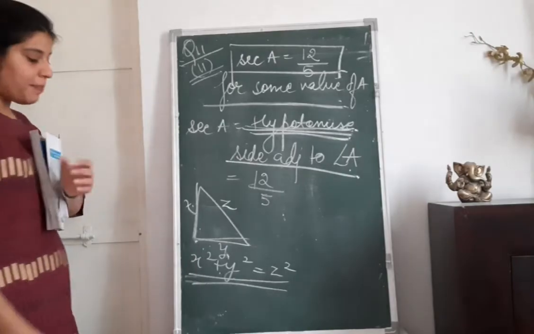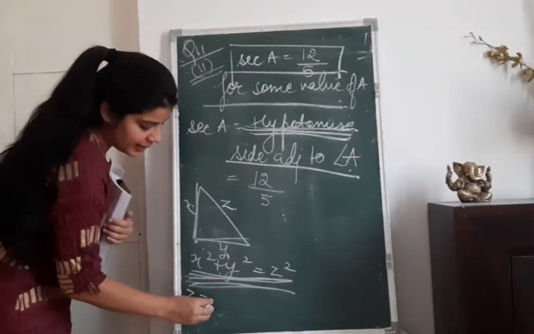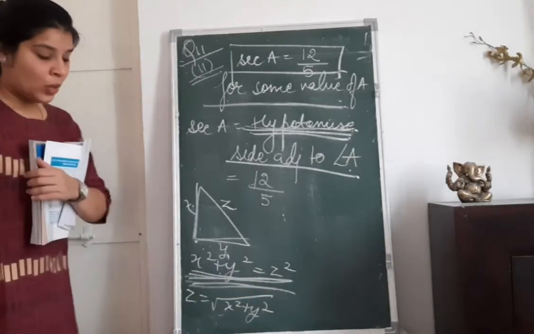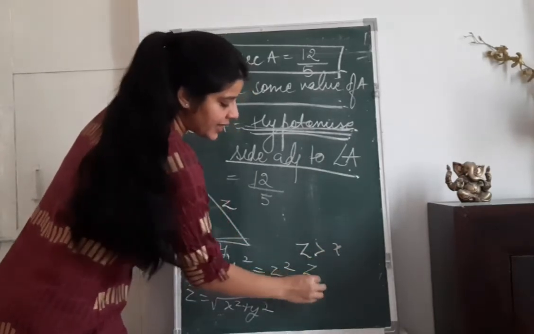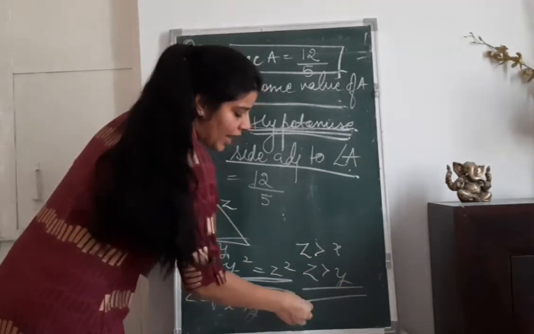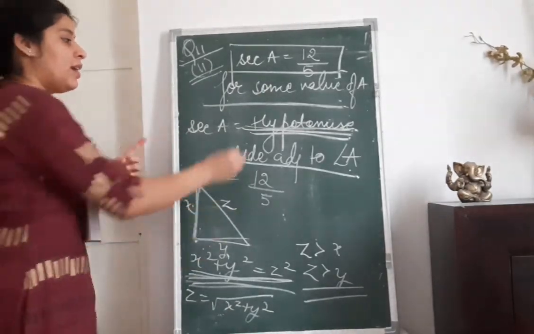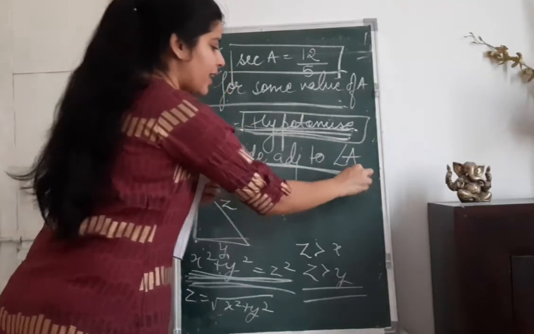So even using Pythagoras theorem, we can see that z is the under root of x square plus y square, which clearly says that z is going to be greater than x and z is going to be greater than y. So the hypotenuse of any triangle is always going to be greater than the side of that triangle.